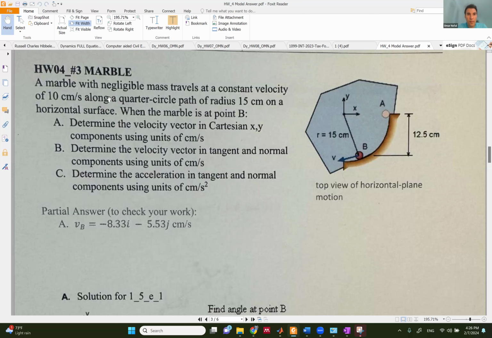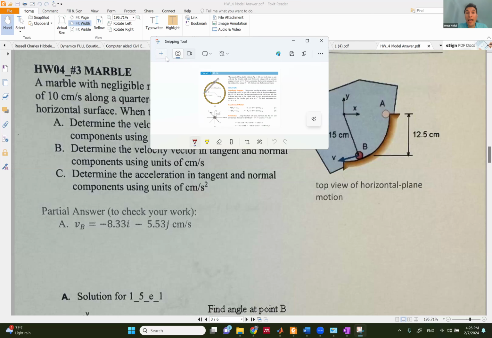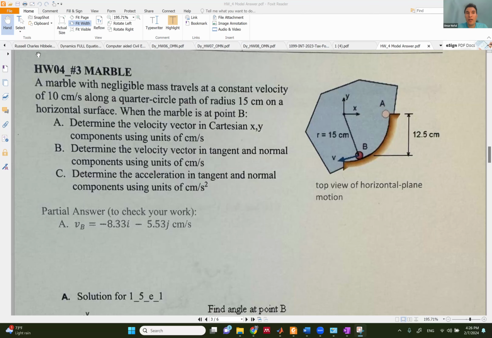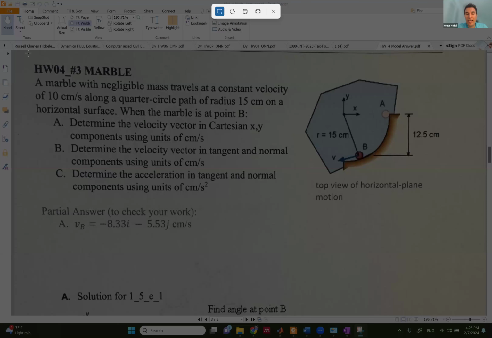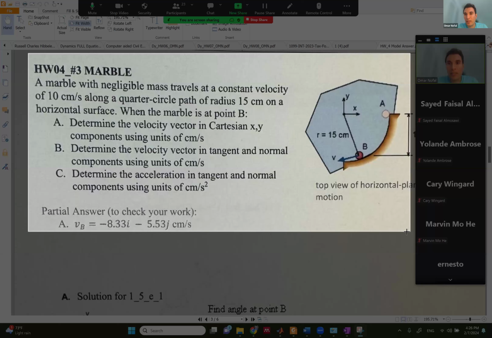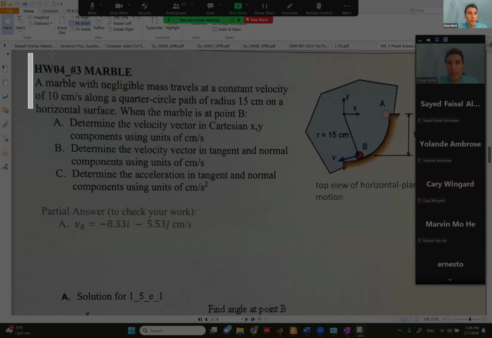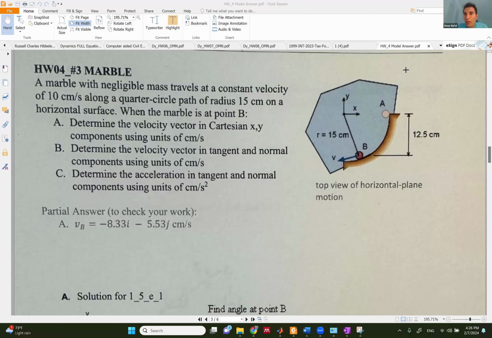Okay, so here it says a marble with negligible mass, like this small ball, travels with a constant velocity. So I told you constant velocity means that the tangential acceleration is 0, not the whole acceleration. Okay, let me take a screenshot of the problem.